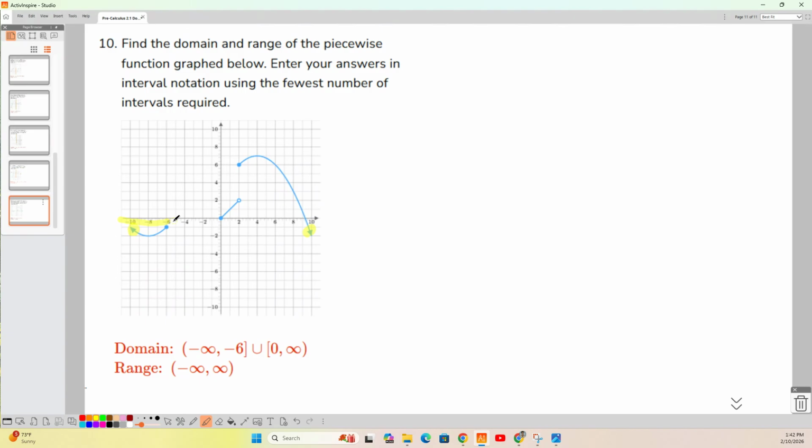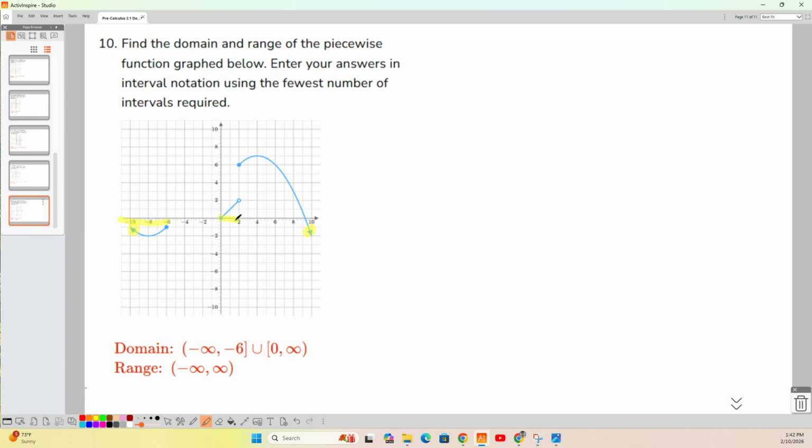Then looking at the x's, there's a gap in the graph until we get to 0. So I'm going to start at 0, keep going. Now, there's a hole here, an open circle, when x is 2, but up here at (2, 6), there's a closed circle. So that means that the x value of 2 is part of our graph.